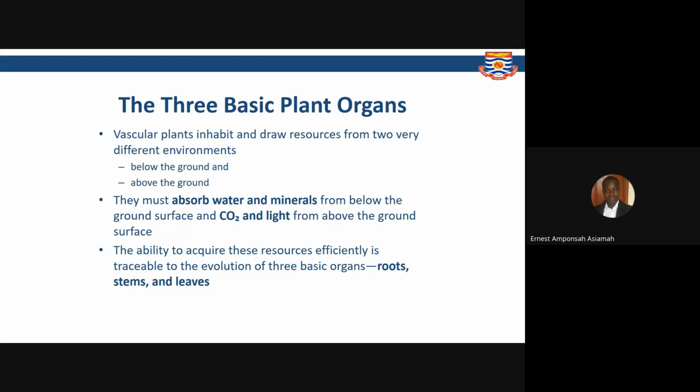For example, the stems and leaves absorb carbon dioxide and light above the ground surface and use them to synthesize their food, and the food can reach all parts of the plant. Whereas the roots absorb moisture from the soil and transport it to the stems and leaves for them to also be able to use.